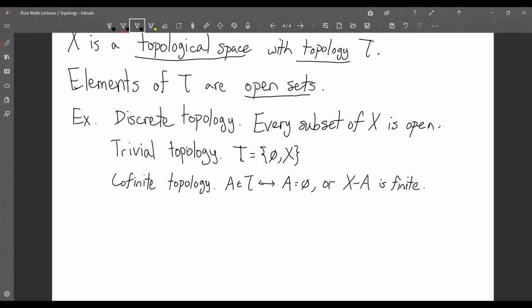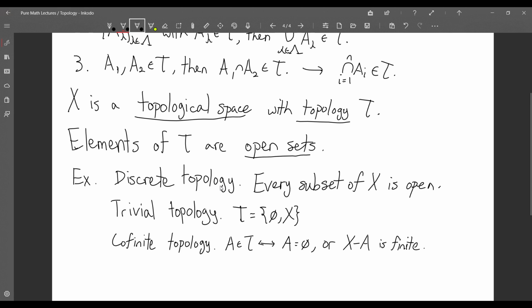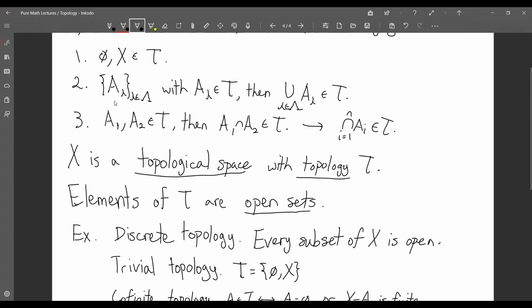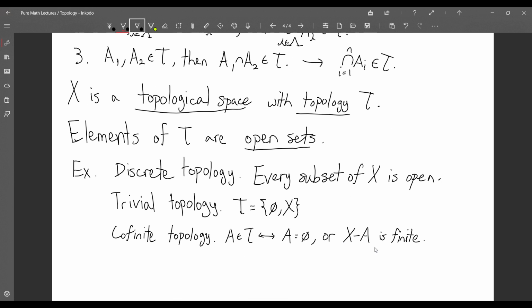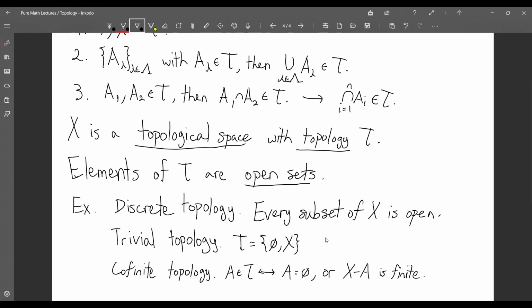And so this is definitely more mathematically interesting, and so it's important to prove that this is actually going to define a topology. We can show that it verifies the first condition, right? So it has the empty set, and then it's going to have X because the complement of X is the empty set, which is finite. And then as far as these unions, right?